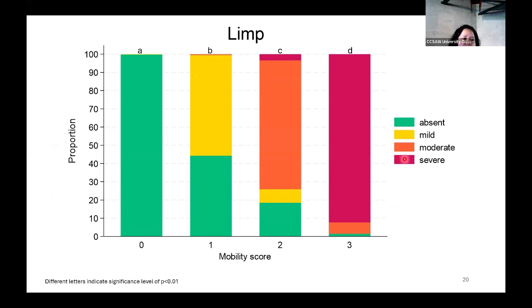And you can see the severity code on the right. So in here, you can see that we have a clear association between limp severity and mobility score severity, which makes sense because we have mild limp on mobility scores of 1, moderate limp on mobility scores of 2, and severe limp on mobility scores of 3.